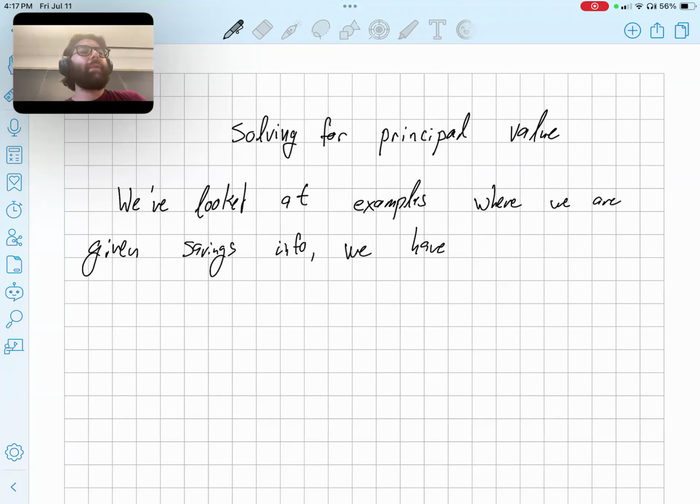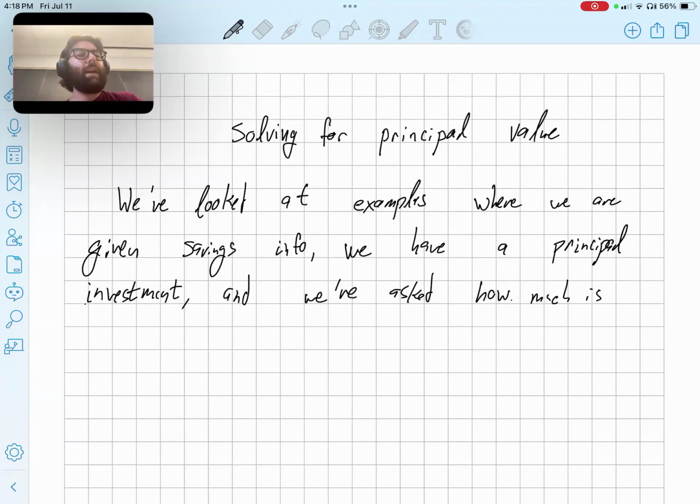We have a principal investment, and we're asked how much is in the account after a certain amount of time.